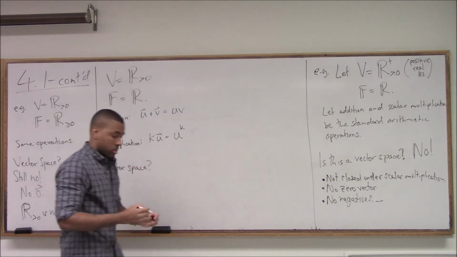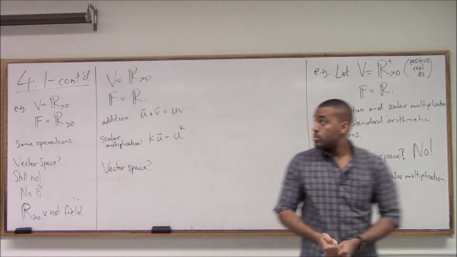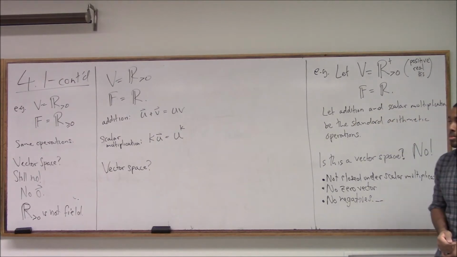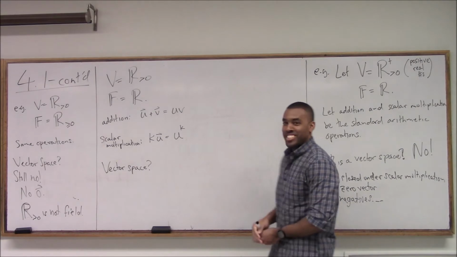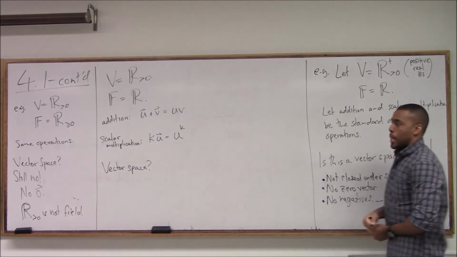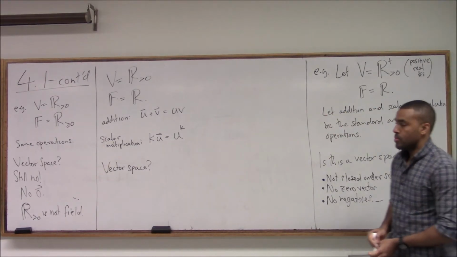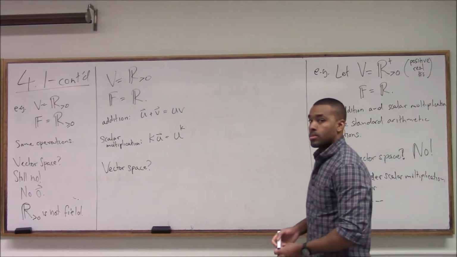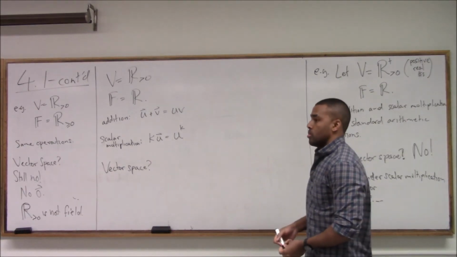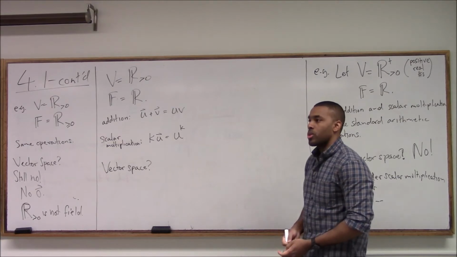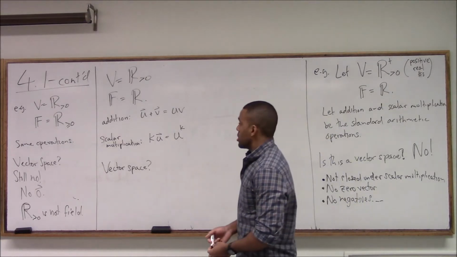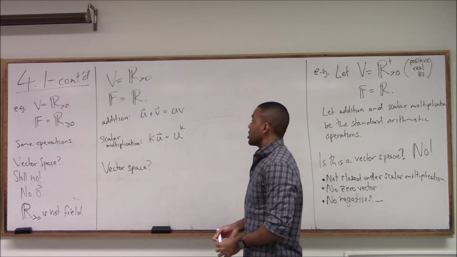Is that a vector space? What does that mean? Yes or no? Maybe no. Could be no. Well, if you say no, it means you know a reason that won't work. What will not work? Yeah? Is V times U the same as U times V?